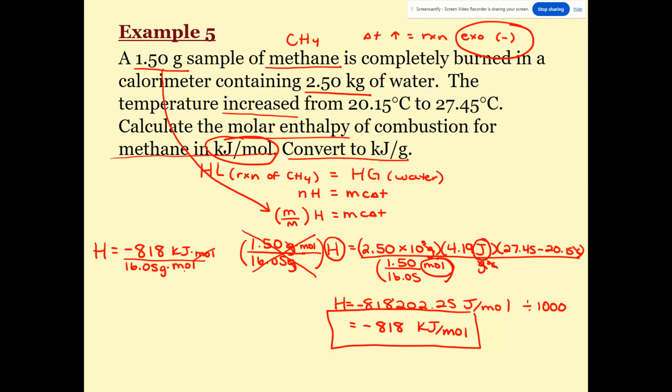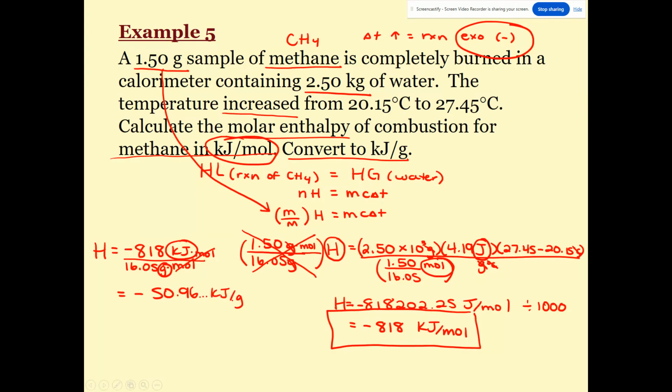So my moles cancel, and we're left with kilojoules per gram. So what I do is I take my negative 818 and divide by 16.05, and we get an answer of negative 50.96 so on kilojoules per gram.